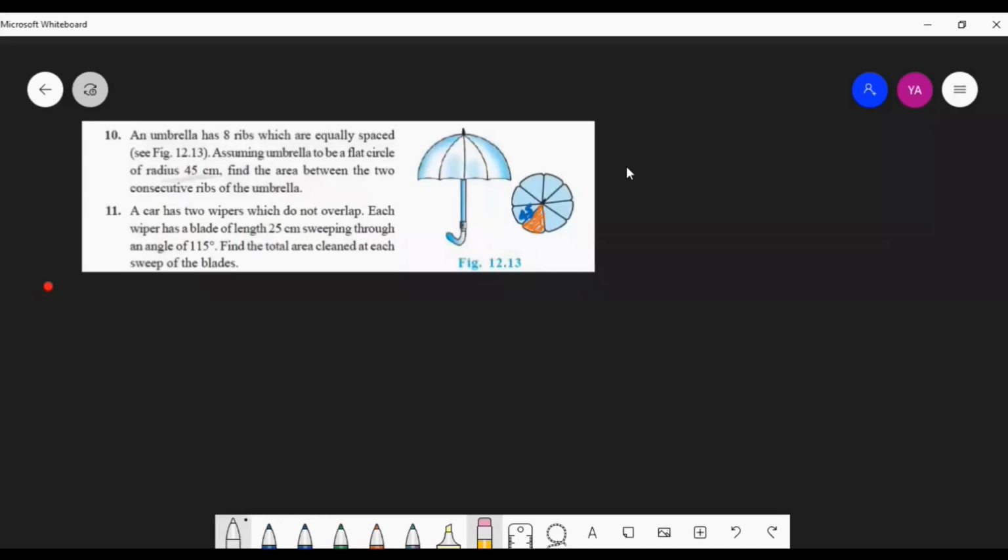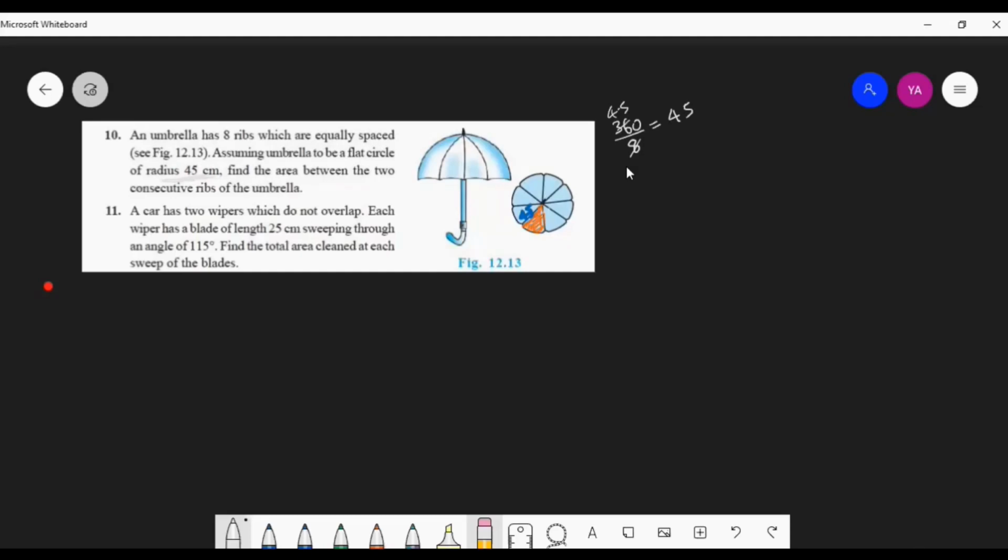The total angle is 360, so the angle of each sector will be 360 divided by 8. If you divide 360 by 8, what will you get? 45, right? 36 by 8, in 36, how many 8? 4. 4.5 will come. 4.5 into 10, that will make 45. So the angle of each sector will be 45 degree.